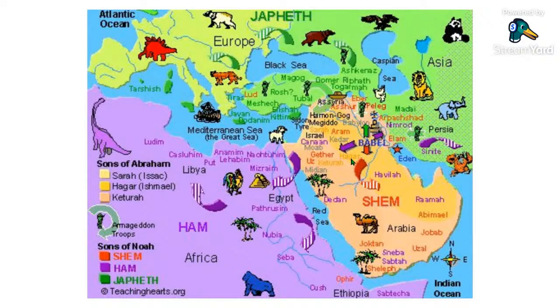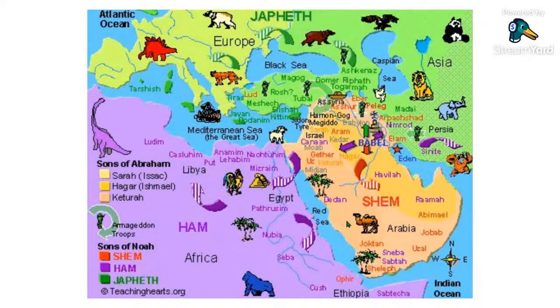This one here has Hagar and Keturah. It shows the difference between Sarah, Hagar, and Keturah, which are also the J paternal haplogroup.